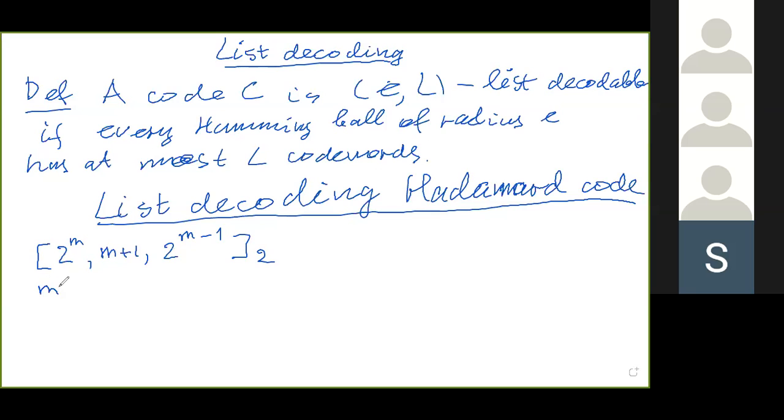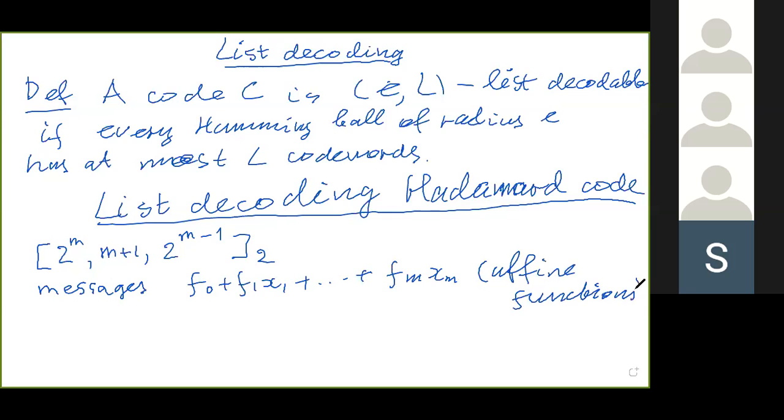Messages are identified with affine functions of m variables, and the code of that function is the table of its values, which obviously has length 2 to the m, because there are 2 to the m possible assignments of values. Tables of affine functions.